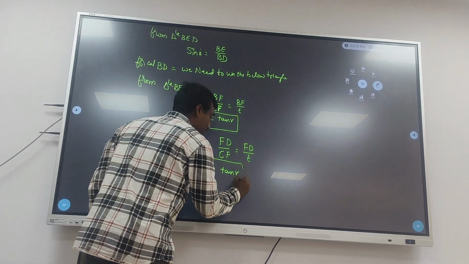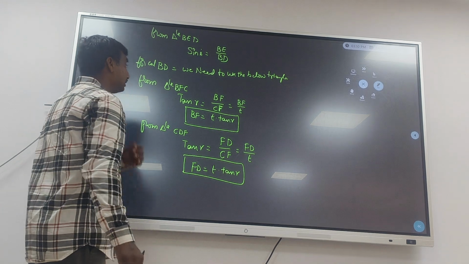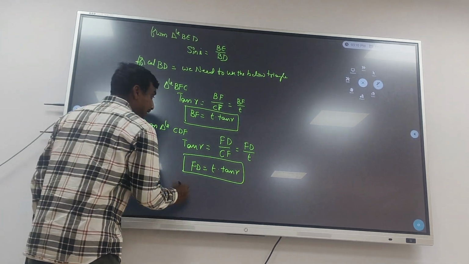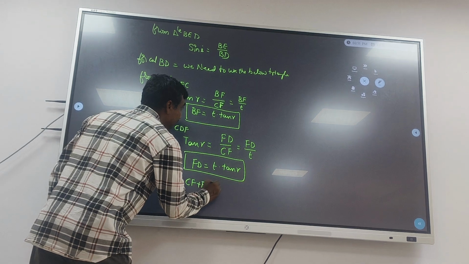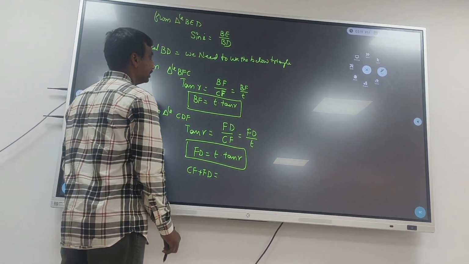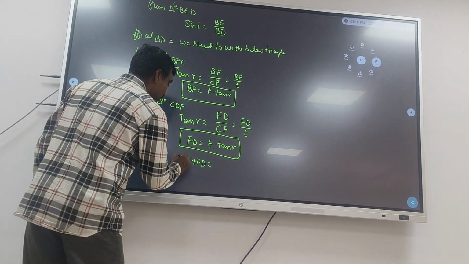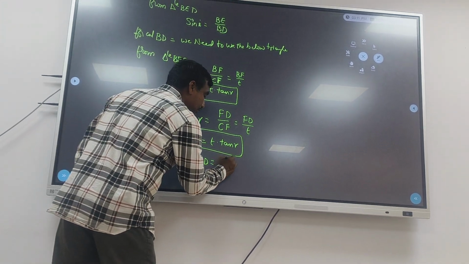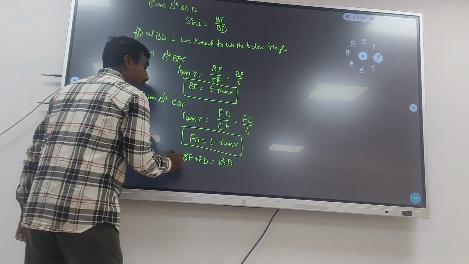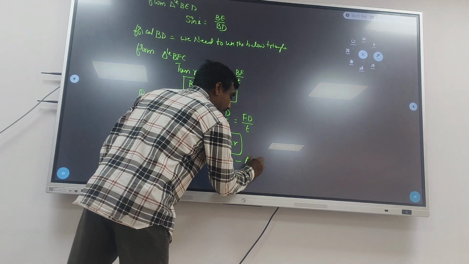So second value. So here from the diagram, BF plus FD value is equals to BD, according to the diagram.